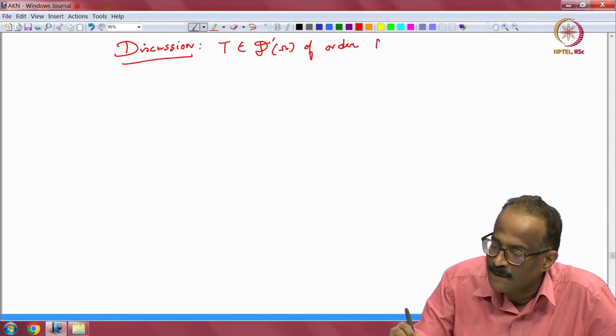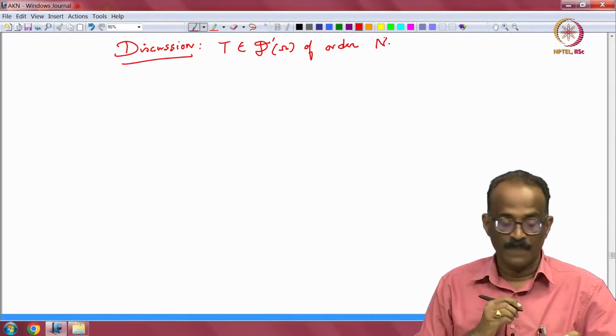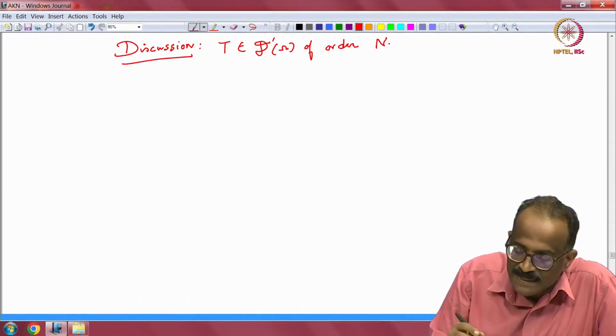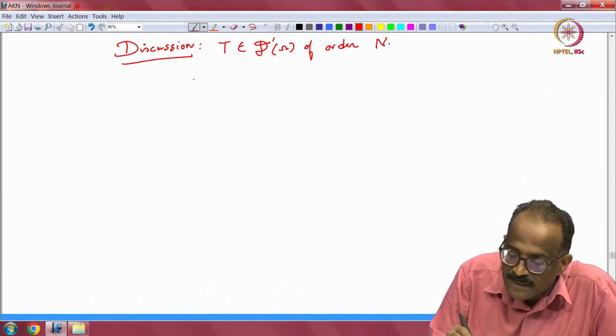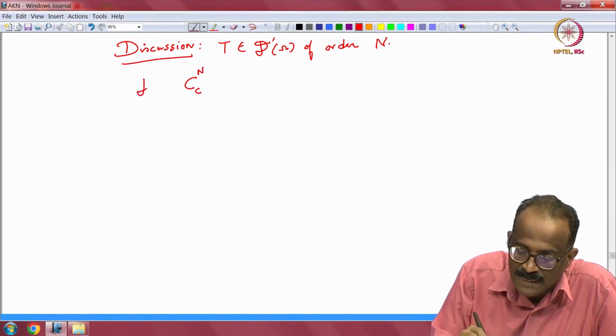Then recall these spaces, the compact spaces C^n_c. That means you have introduced D^n, this is D^n.